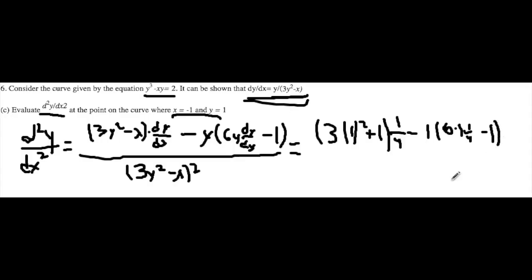That is just a big mess right there. And then the bottom will just be 3y squared, which is 1 squared, minus x, which will be plus 1: (3 plus 1) squared.